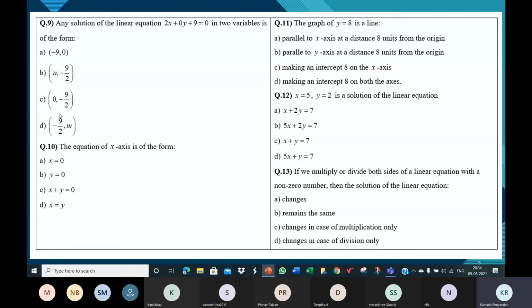See here, x is a constant. The x coordinate is fixed. That means the equation is x is equal to minus 9 by 2. So if this should be the option, then the equation should be y is equal to minus 9 by 2, for any value of x.